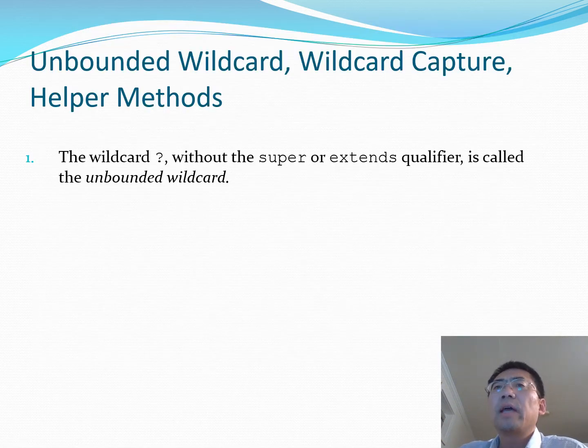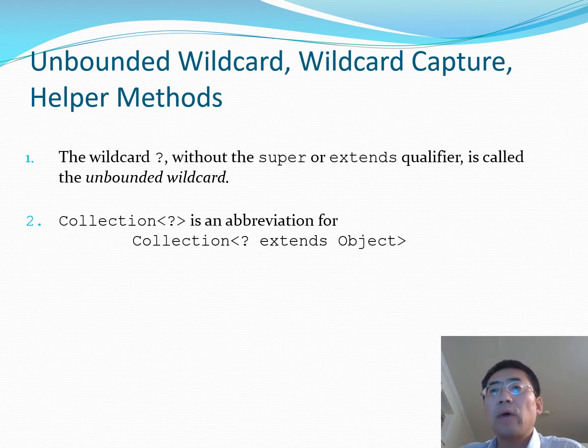And now let's look at what is an unbounded wildcard, and what is wildcard capture, and what is a helper method. So the wildcard, the question mark itself, without the super or extends qualifier, is called the unbounded wildcard.